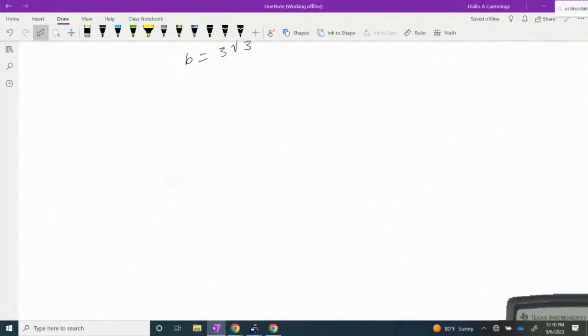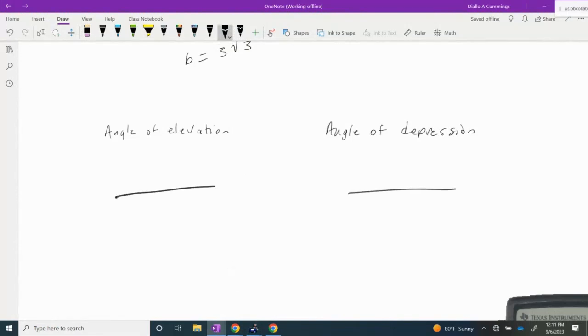You have an angle of elevation and you have an angle of depression. For each one of these angles, you must have a horizontal. That's like a horizontal ray, sort of like standard position, where all of the angles start along the positive x-axis, that horizontal.